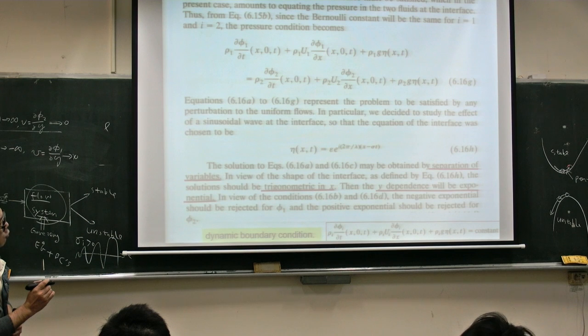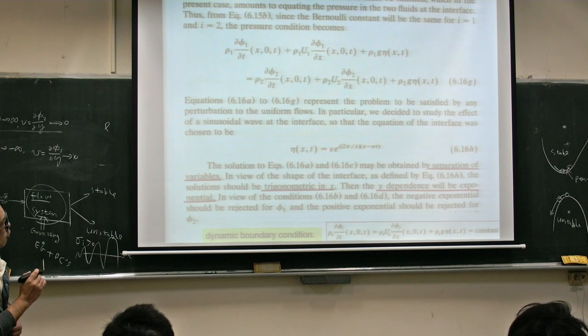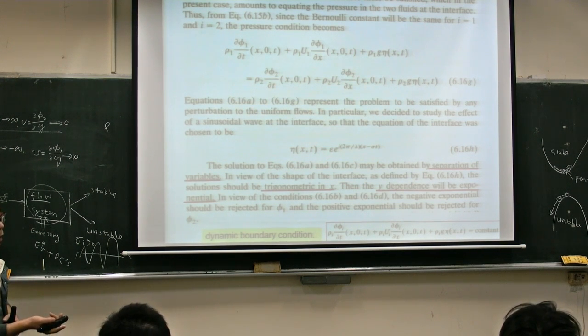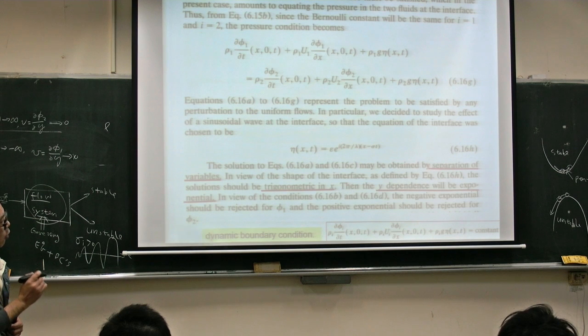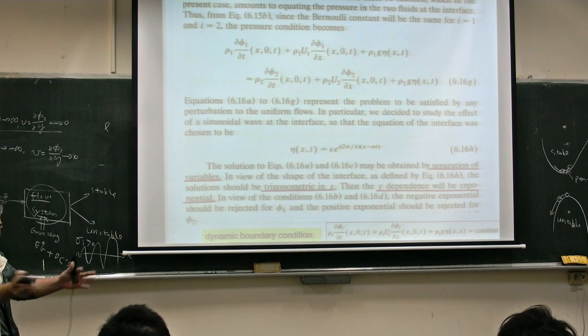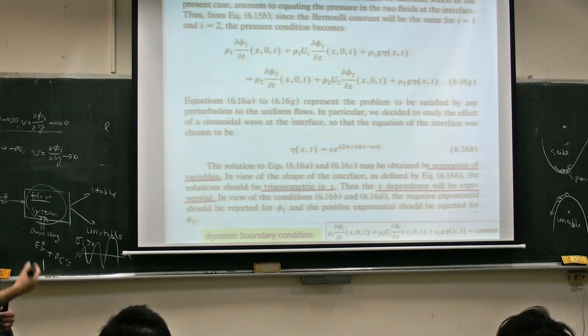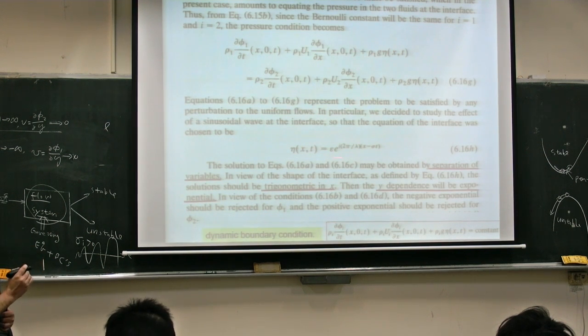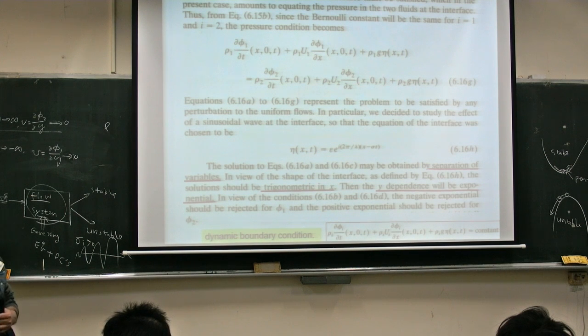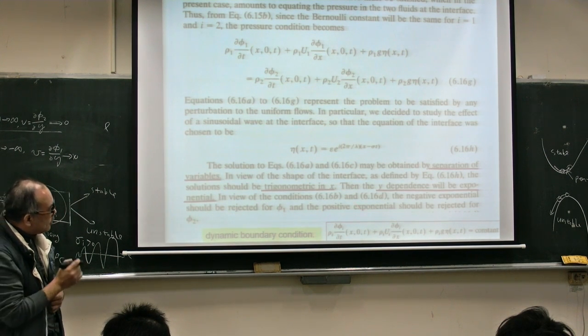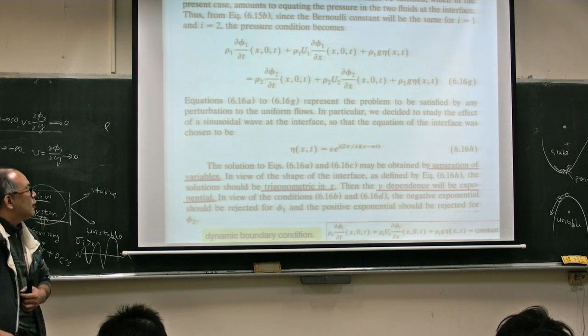I perturb it and see whether it goes back to the original position and the amplitude decays, or whether, when I perturb this system, the amplitude potentially grows. That's how we use this as a test of the flow system: testing the flow system by inputting a small perturbation into it.